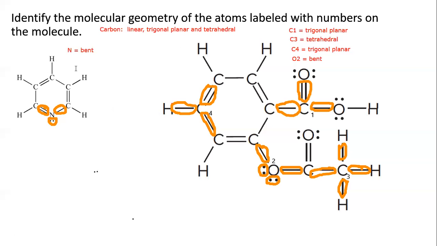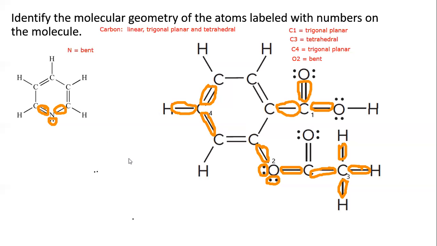And so if you see nitrogen with a double bond and a single bond, it's going to be bent geometry. Now for nitrogen, sometimes they show the lone pairs, sometimes they don't. But it's understood that if it's not there, the lone pair is there if you have maximum 3 bonding pairs of electrons. So this is one type of geometry nitrogen can have. It can be bent, again, when it has 1 double bond and 1 single bond around it.